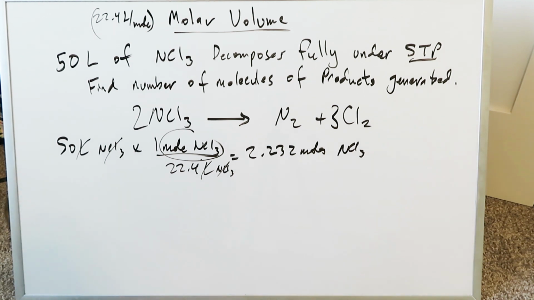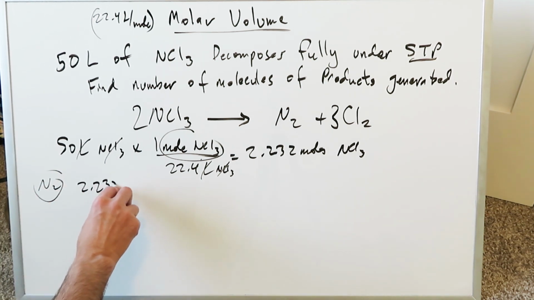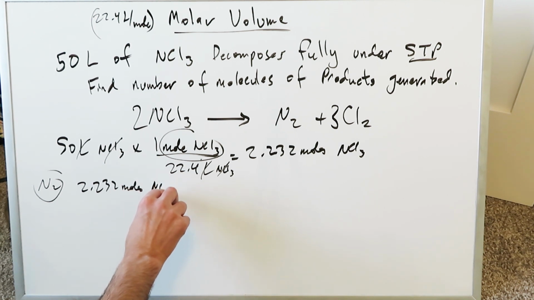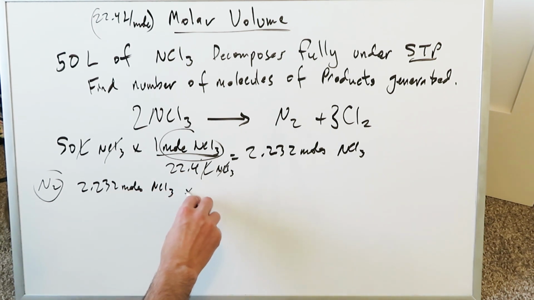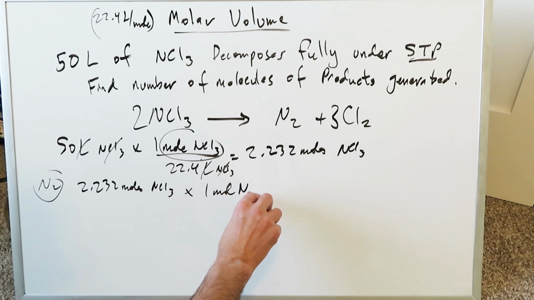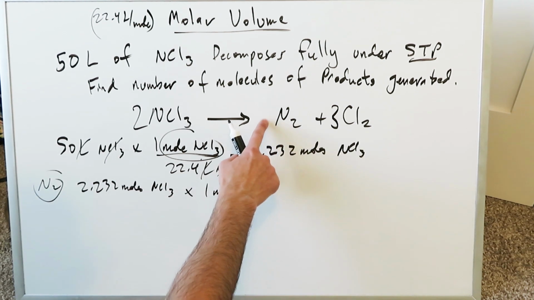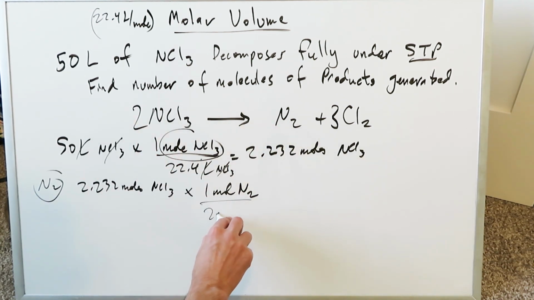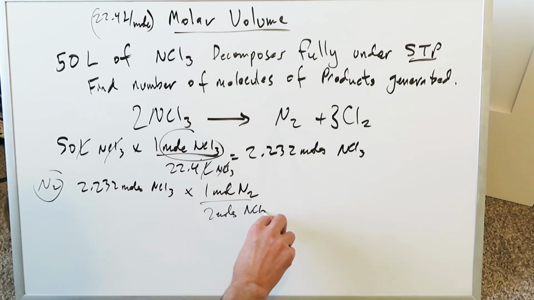Now we can easily determine everything we need. We can do it the long way, we can do it the short way. I will do everything the long way so there are no shortcuts. Looking at nitrogen, we're starting with 2.232 moles NCl3. We'll multiply it by 1 mole of nitrogen. Why 1 mole of molecular nitrogen? Because 1 is generated per 2 moles NCl3.